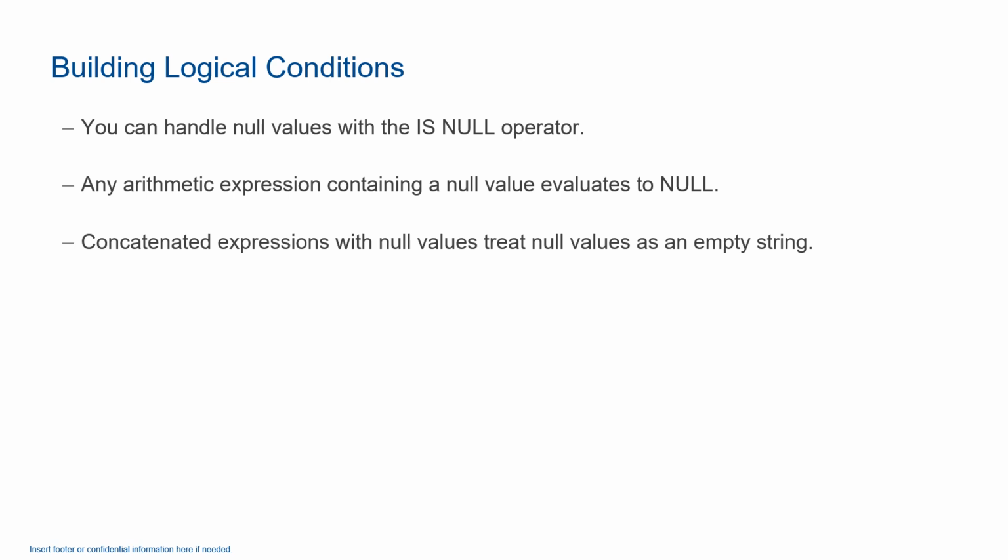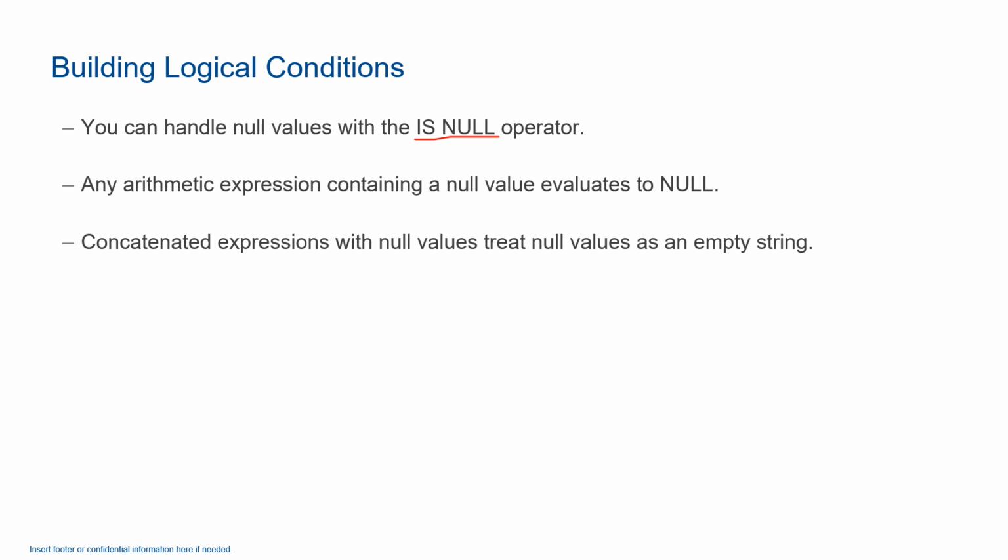Building logical conditions. Now you can handle null values with the IS NULL operator. There is one operator called IS NULL. If we want to check whether a particular variable is null, we can write IS NULL.